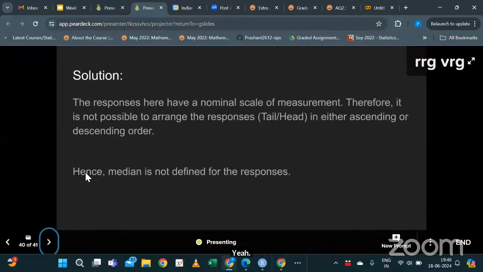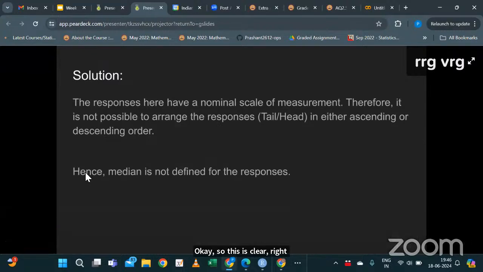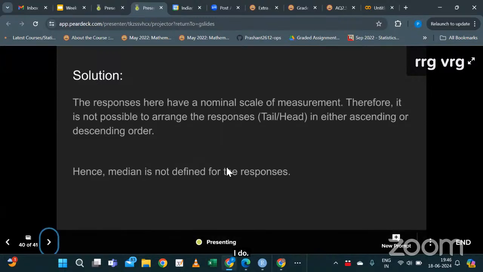So this is clear, right? Basically these responses have a nominal scale of measurement, and it is not possible to arrange them in either ascending or descending order. So median is not defined for these responses, because this is nominal data.